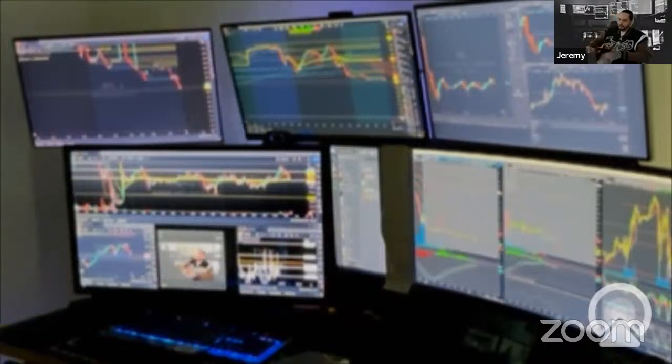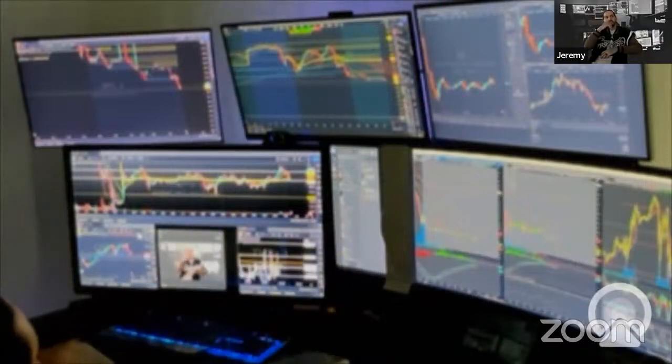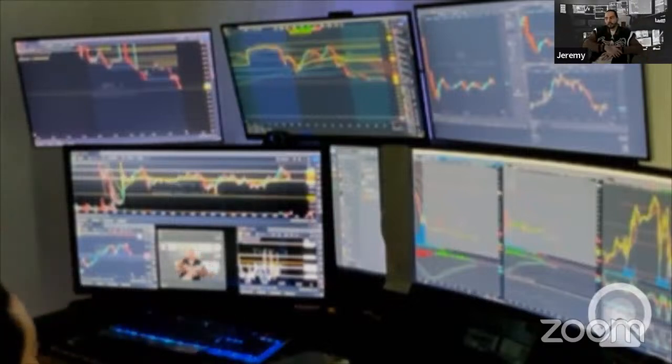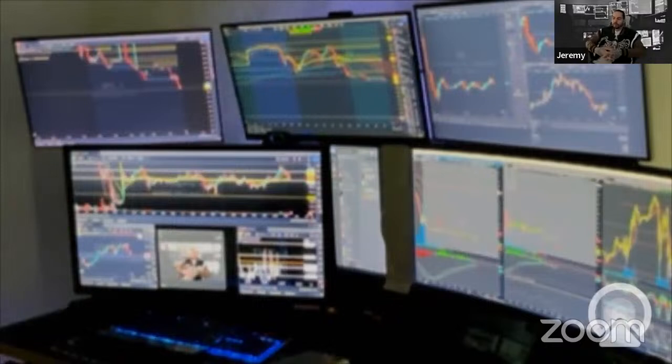The way I'm gonna do it is I'm gonna go ahead and do it chart by chart. I'm gonna let you guys know the indicators that I set up on those charts, and exactly how I have those charts set up. I'm gonna go through it real quickly. If anybody wants more in depth, you guys can contact me and we'll sit down one-on-one, and I'll go deep down with you and do the nitty gritty.